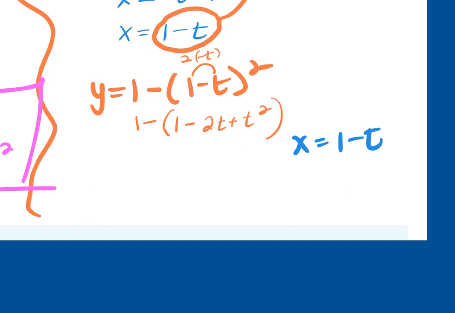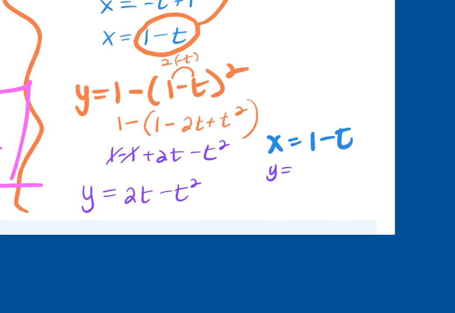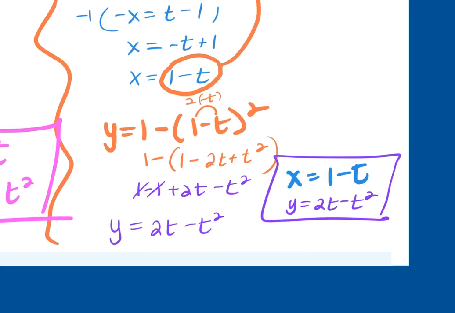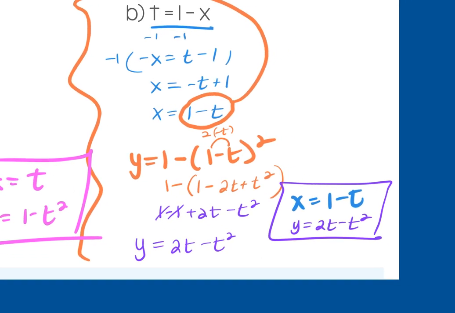That's what you get from expanding and FOILing. And then I would do 1 minus that. So 1 minus 1 plus 2t minus t squared, and simplify. y equals, these cancel, 2t minus t squared, or negative t squared plus 2t. I don't care what order you write that in. But there you have your now parametric equations. So two equations, both have a t.